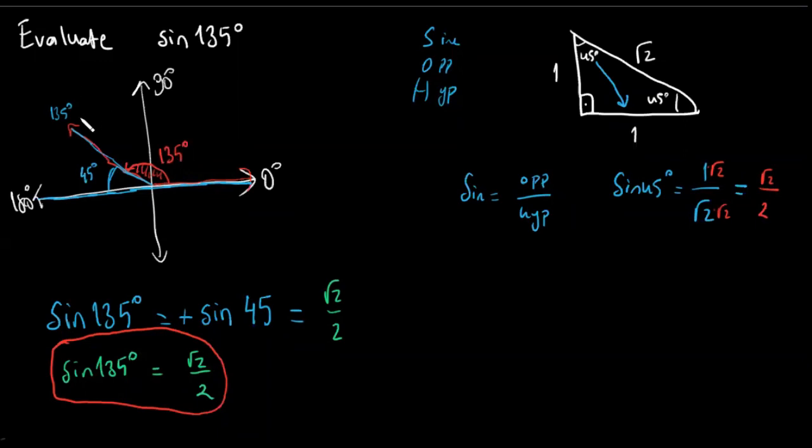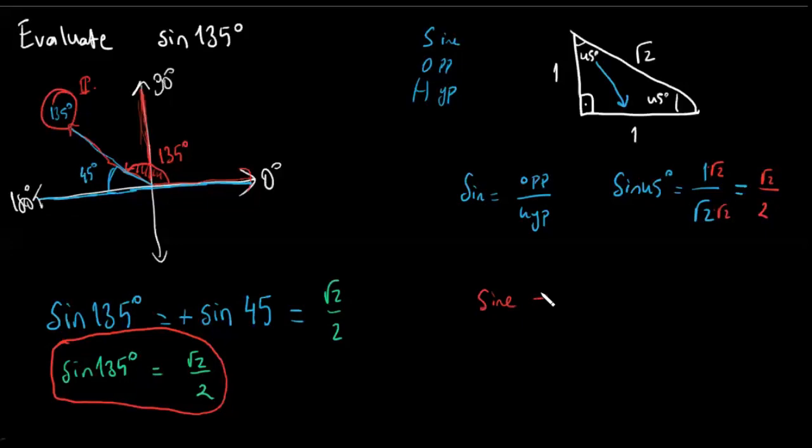Because 135 is in the second quadrant, right? In the second quadrant, sine values are always positive because sine values are the y coordinate of the intersection point, if you remember that.